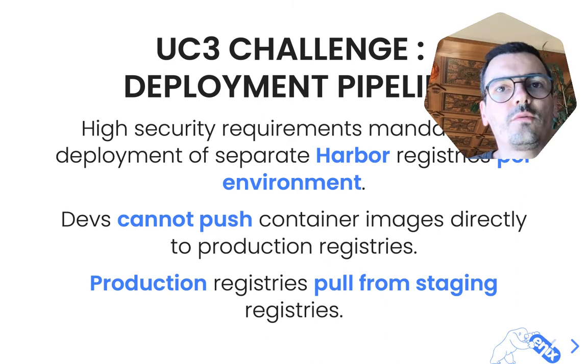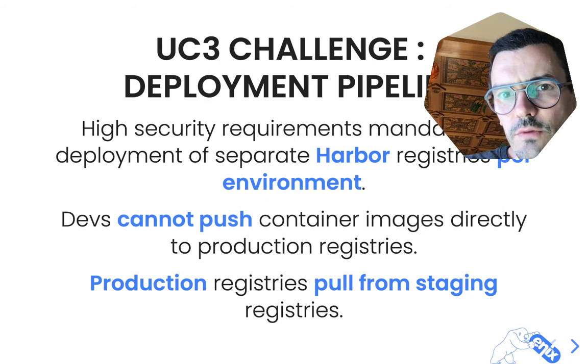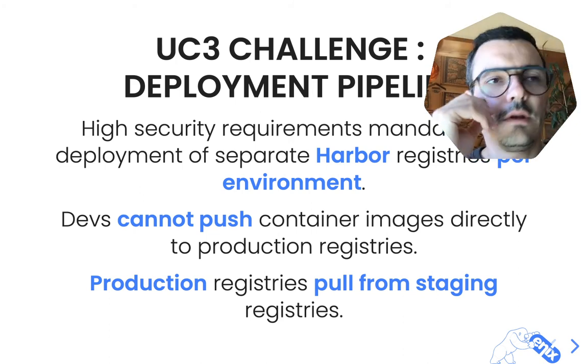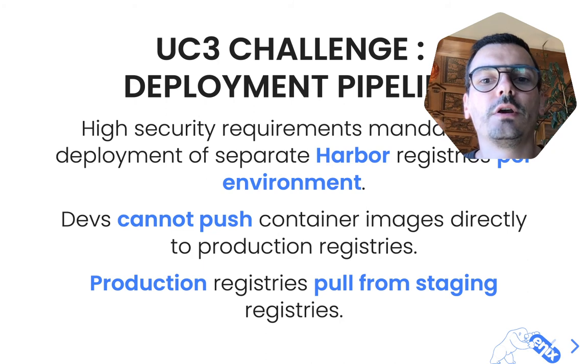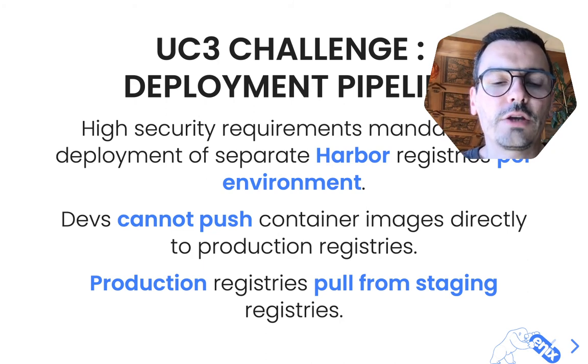Another thing that was a bit specific to the customer was the number of registries that we had to deploy. So the idea was basically to have dedicated Docker image registries on each environment, and then to make sure that a developer would not be able to deploy directly in production anything.